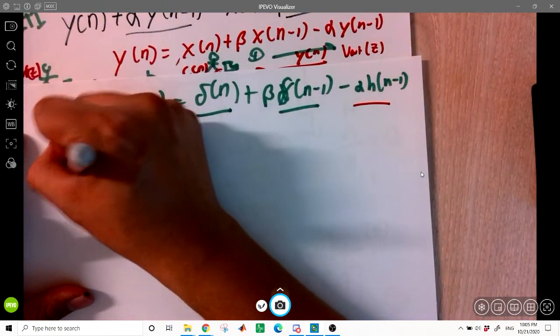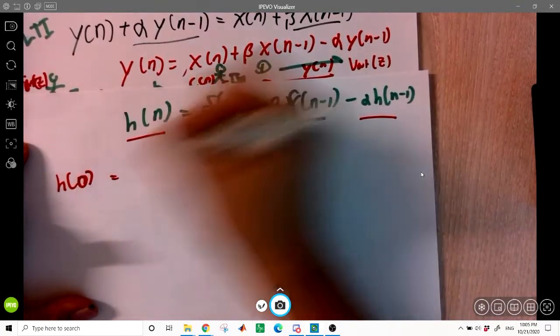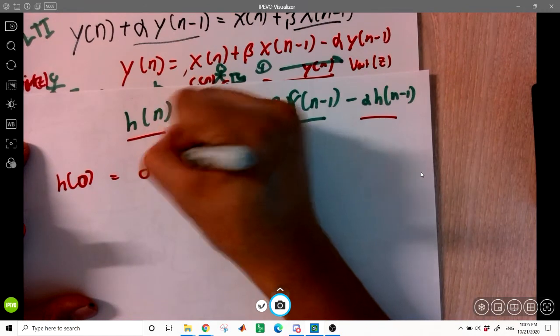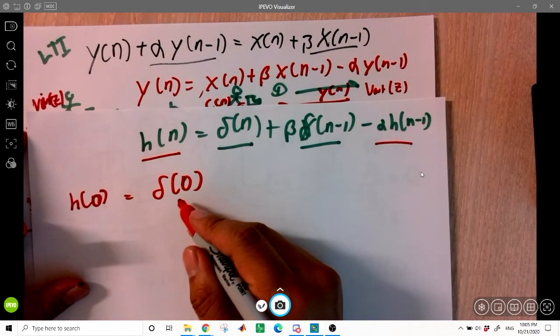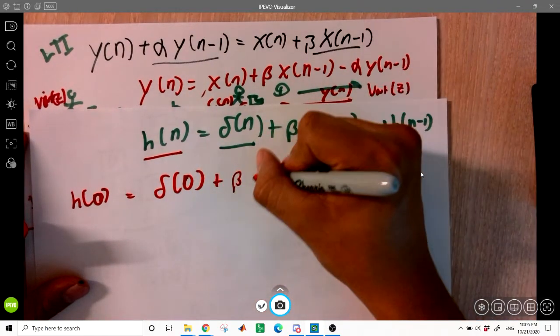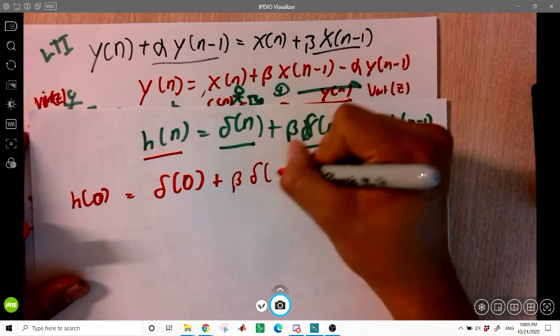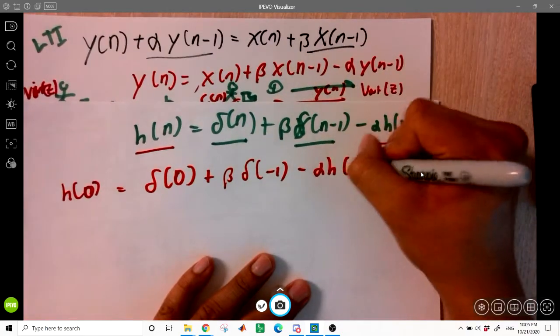So if we were to throw a 0 into it, we kick our box at time equal to 0, n equal to 0. So we have a kick plus beta h of minus 1 minus alpha h of minus 1.